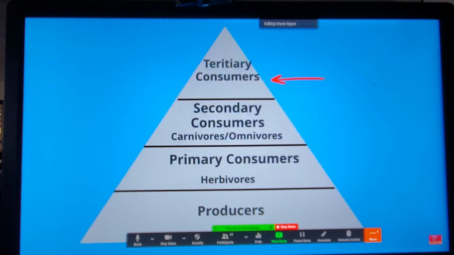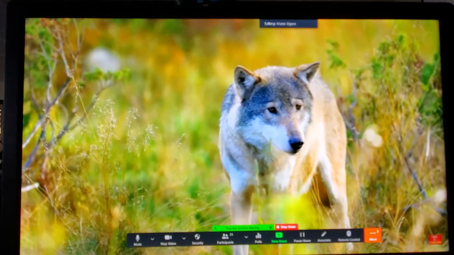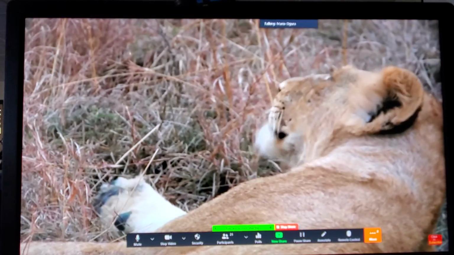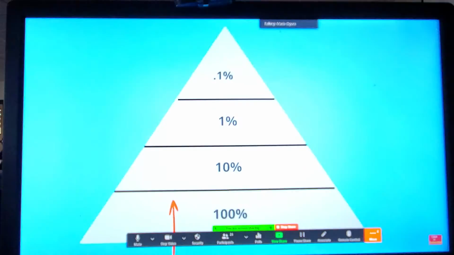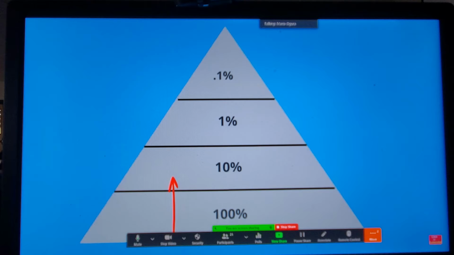Tertiary means third level. They consume secondary consumers. This level includes carnivores. Examples would include wolves, lions, and this hawk. Each layer of the energy pyramid is called a trophic level. And as you move up each trophic level, 90% of the energy is lost, much of this to heat, and only 10% is transferred to each layer above it.